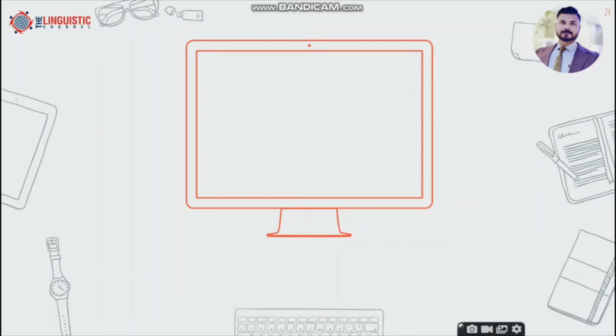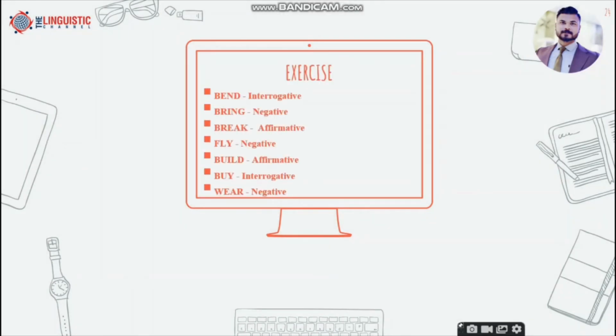Okay, great. Next, exercise. You do have the verbs, right? So you can simply form sentences yourself. So the verb you see here is bend, bring, break, fly, build, buy, wear.